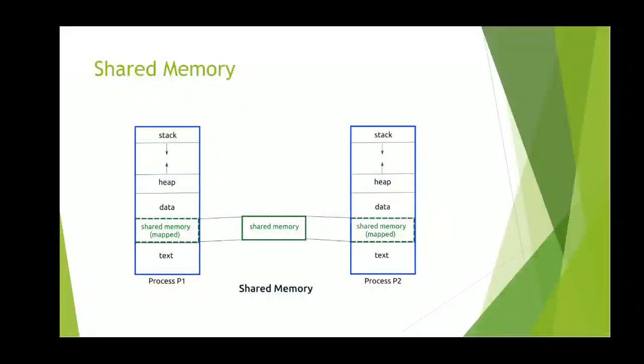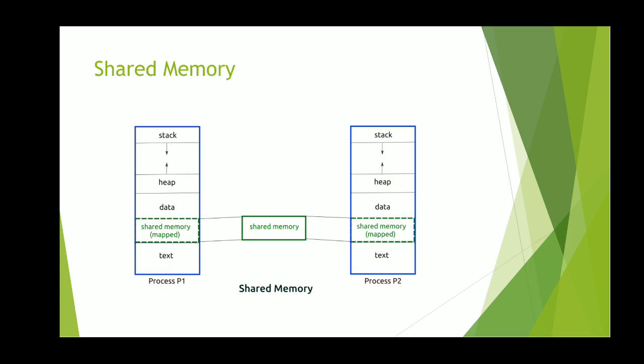Now we are moving on to the memory organization of the shared memory interprocess communication technique. Here you can see two processes, process P1 and process P2. Both have some private memories such as stack memory, heap memory, data memory segment, and memory segment for the text section.